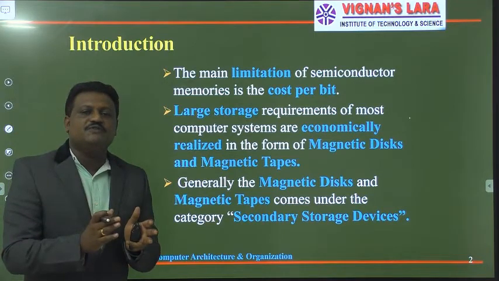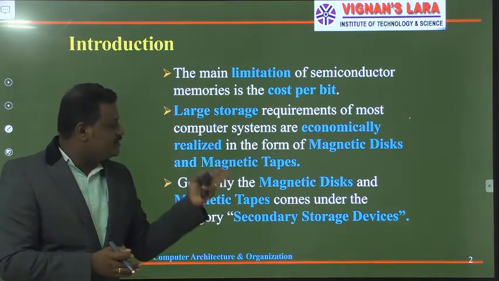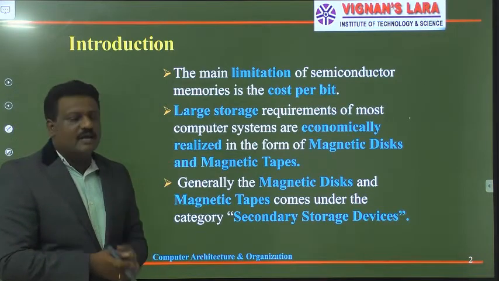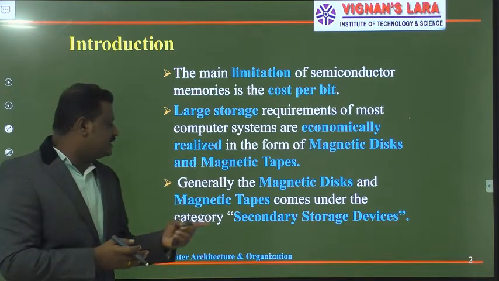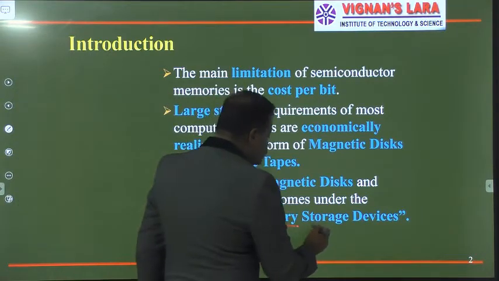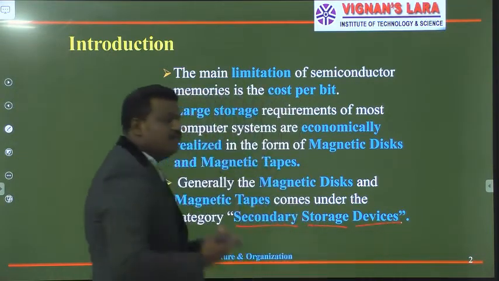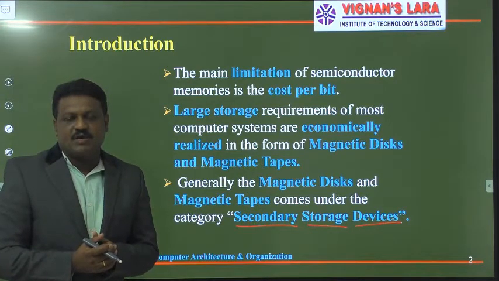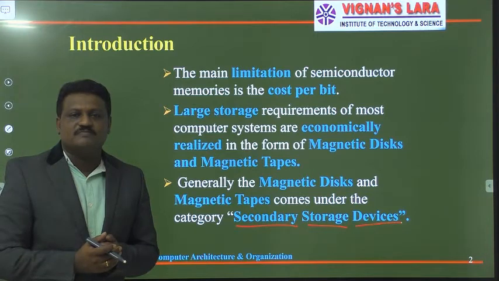From that point of view, we took the help of magnetic disks as well as magnetic tapes. Generally, magnetic disks and magnetic tapes come under the secondary storage devices, which we can also call auxiliary memory elements or external memory elements.